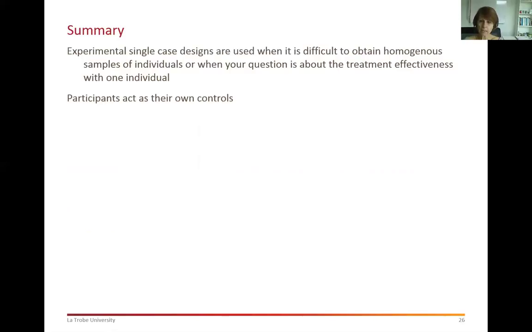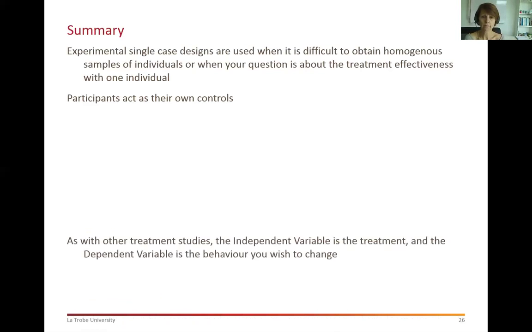Now, the thing is that there isn't a control group, but that doesn't mean to say that there is no control in these designs. And that's a mistake that people often make. They fail to see a control group and then they say, well, it's a poor design because there isn't one. But actually the participants are acting as their own controls. So there is control and it is a rigorous way to do it.